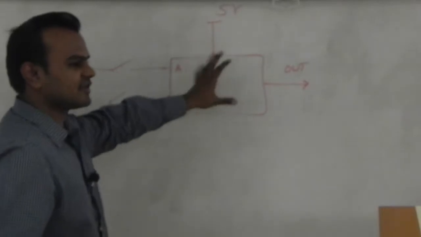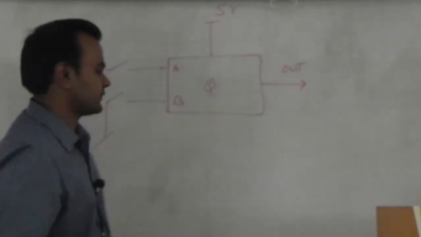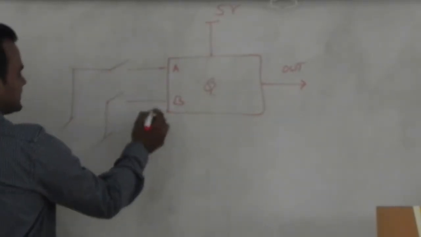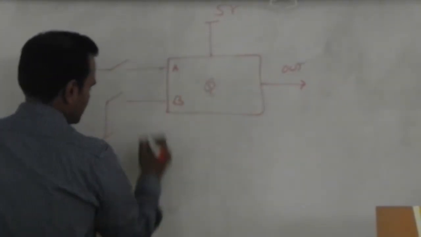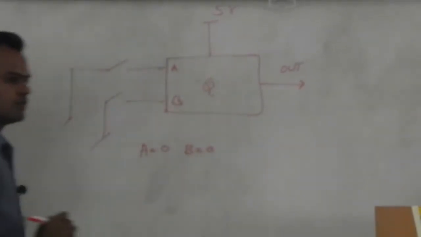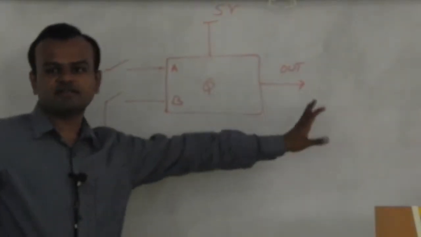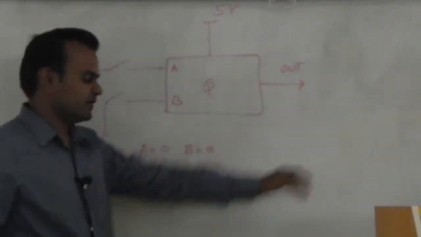So this is a digital circuit. These are inputs A and B, and there is an output. Now if I close both of these switches, A is 0, B is 0, correct? And based on the digital logic, we'll get the output here, right?